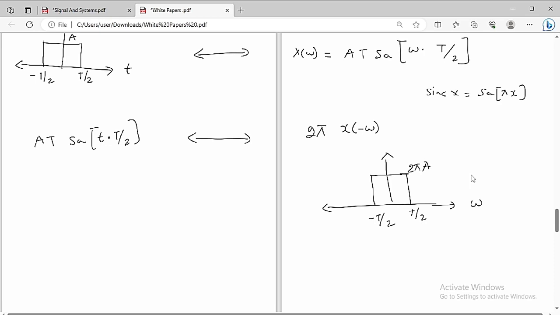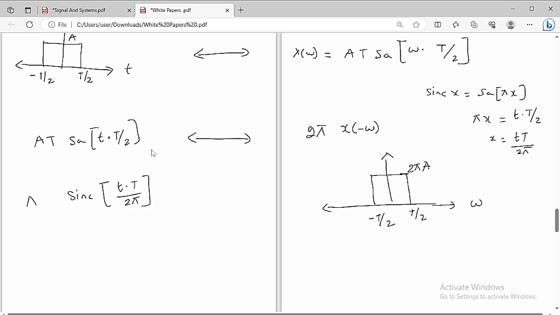So what is pi x? Pi x is nothing but p into T by 2. By comparing these two things, pi x is nothing but p into T by 2, and x is equal to p into T by 2 pi. So here I will write sin of p into capital T by 2 pi.